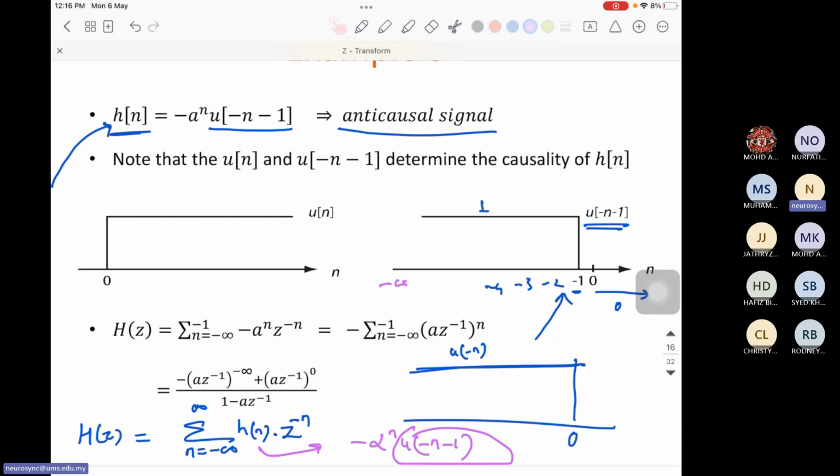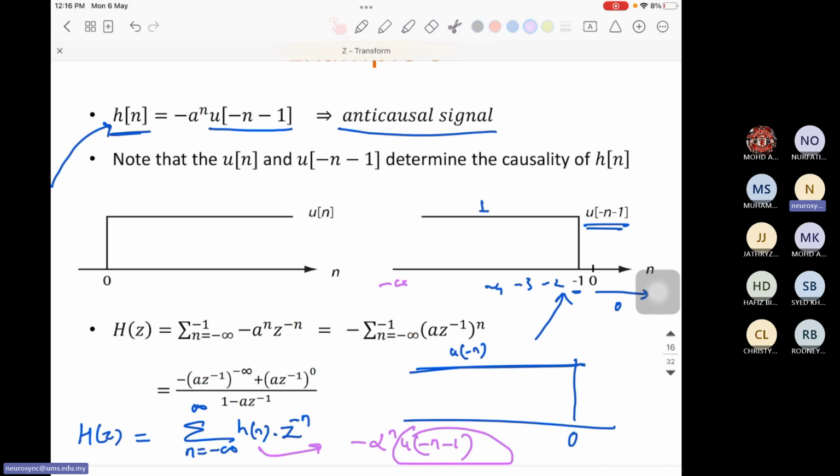Now, if we keep this minus sign outside the summation, we have minus the summation from minus infinity to minus 1 of alpha z to the power minus 1, to the power n. Again we can apply that formula for the summation of a to the power n from lower limit n to m.